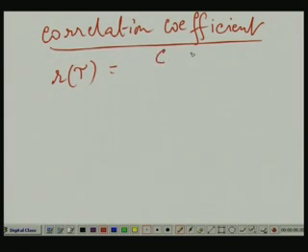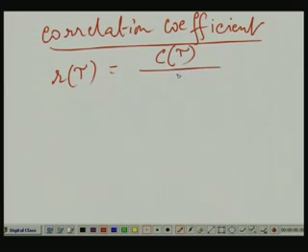So, you understand one thing, for a WSS process, the covariance also is a function of the lag, the gap between the two time points chosen, T1 and T2. It is not a function of T1 and T2, it is a function of T1 minus T2, that is tau.